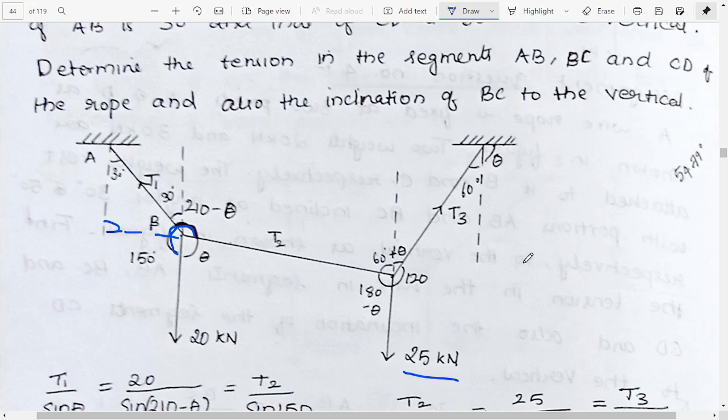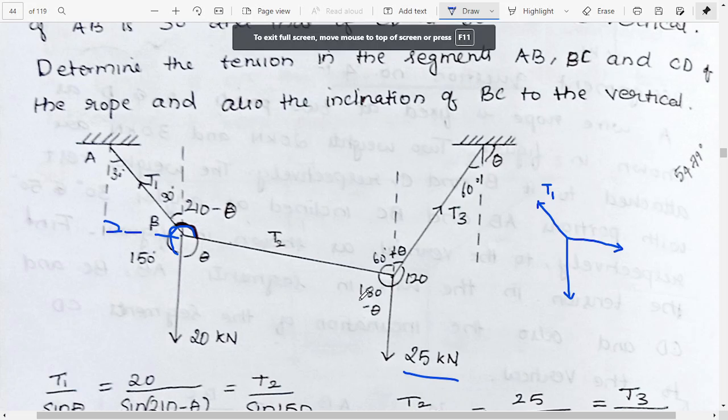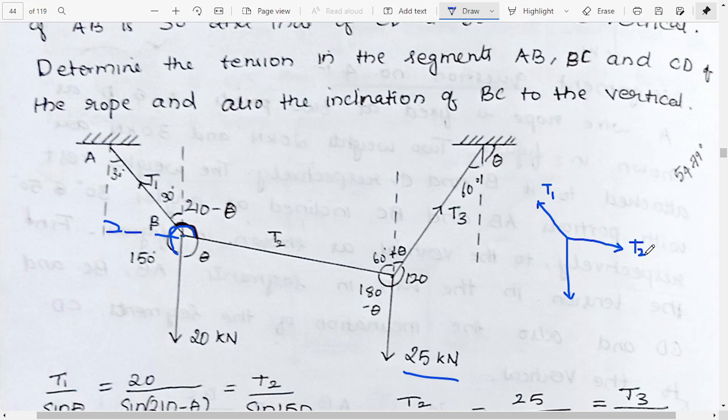Now after drawing everything, we'll be having something like this. If you're considering the case of this part, then we'll be having T2 here, and here we have 20 kilonewton.